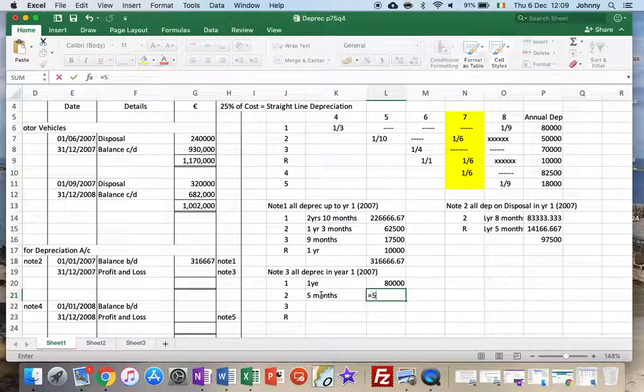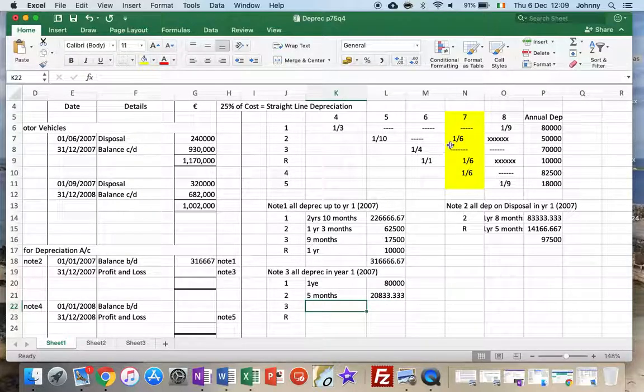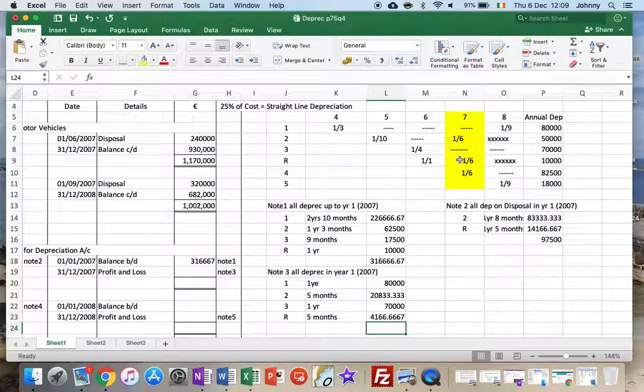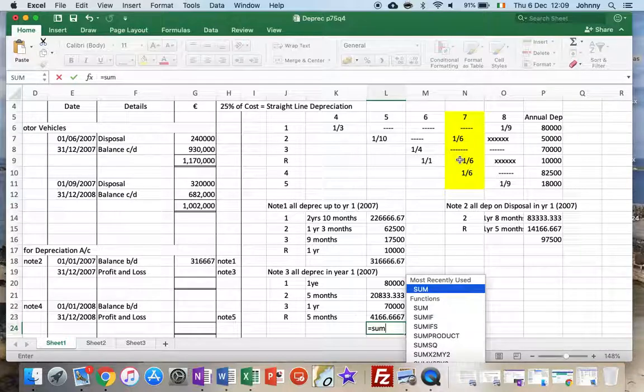So that's 50 grand times 5/12. Vehicle 3, I had it for 1 year. So 1 year times 70 grand is 70. And the refrigeration unit, I had it for 5 months. So it's 10 grand times 5/12. I add all these together.